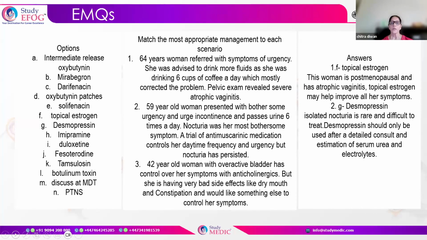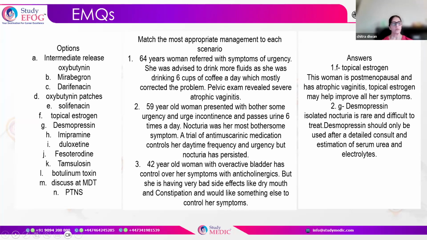Okay. Lastly, you have this 42-year-old woman with overactive bladder, and she has control over her symptoms with anticholinergics. But she has very bad side effects. She has dry mouth, constipation, and now she doesn't want to take this drug because of the side effects. But her symptoms are well controlled with this drug.